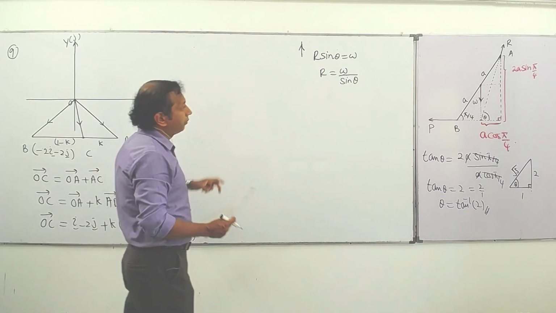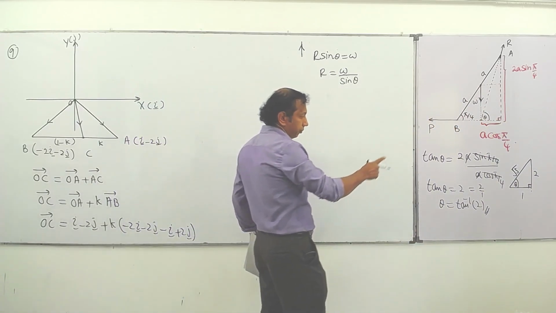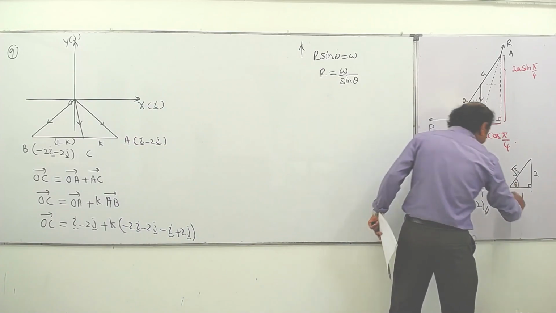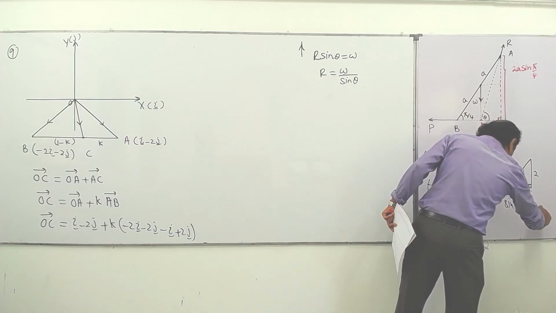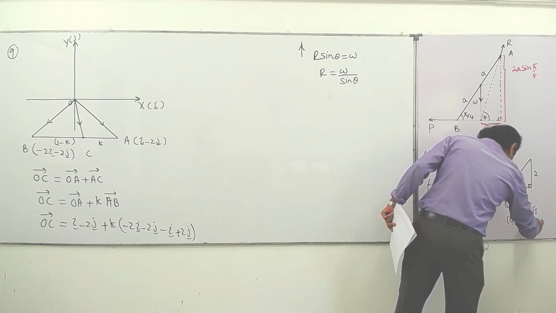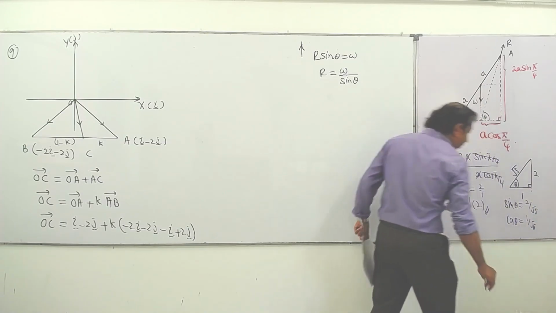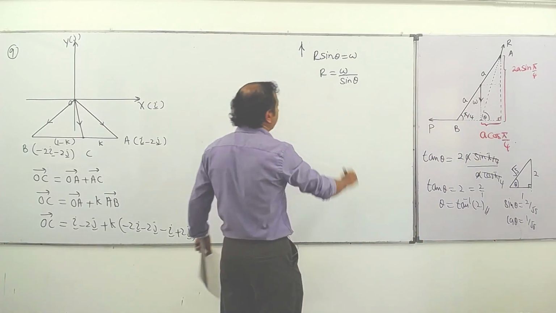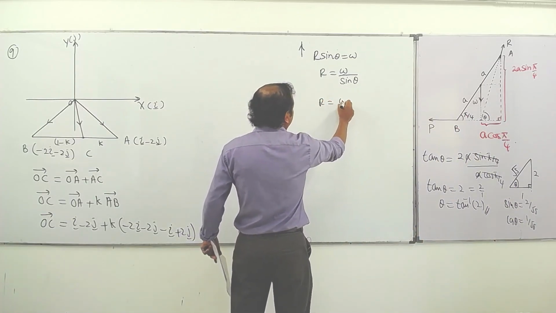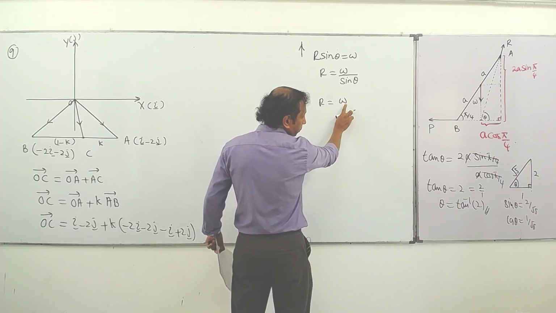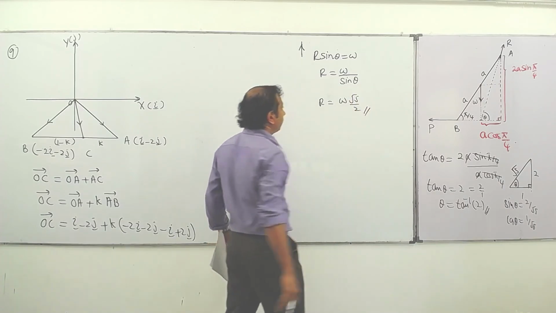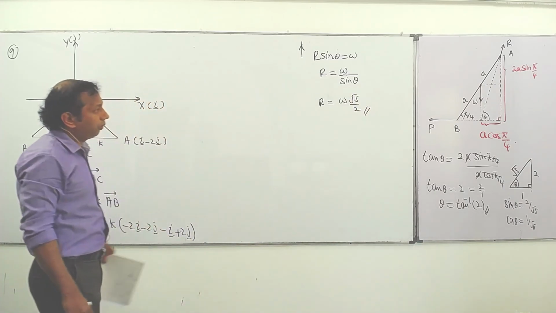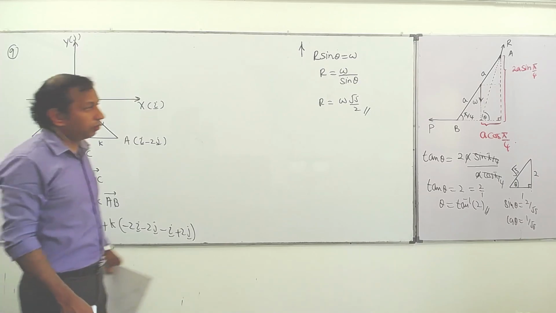Then you can write sin theta. What is sin theta? Opposite by hypotenuse, 2 by root 5. Cos theta, adjacent by hypotenuse, 1 over root 5. Right. Then substitute here, W over sin theta, 2 over root 5. Then we get W root 5 by 2 like this. Correct, no? Sin theta is 2 over root 5, root 5 goes down.